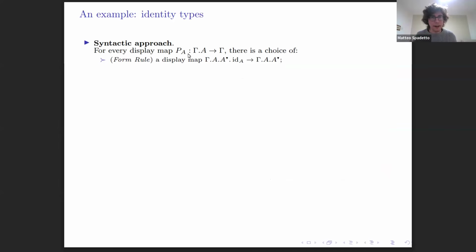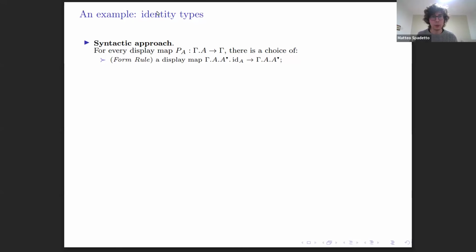So just to clarify, let us talk about identity types. We are in a display map category, and we want to see if that display map category is a model of the formation rule of identity types.